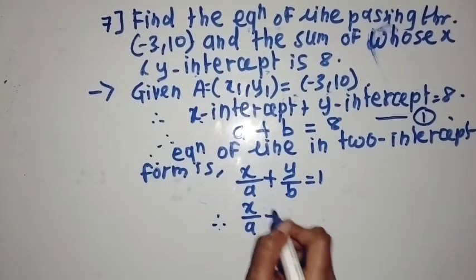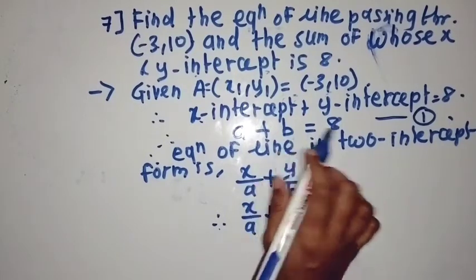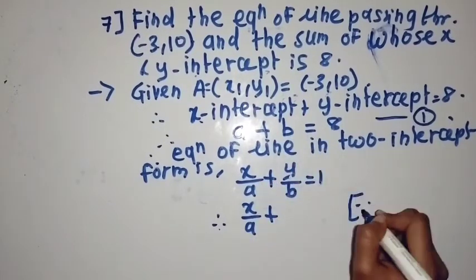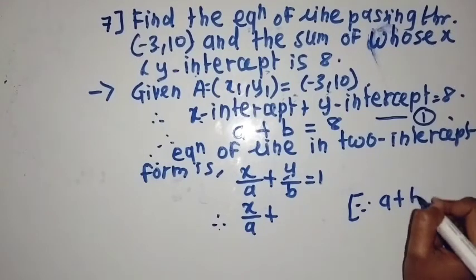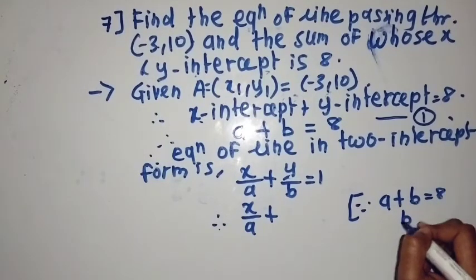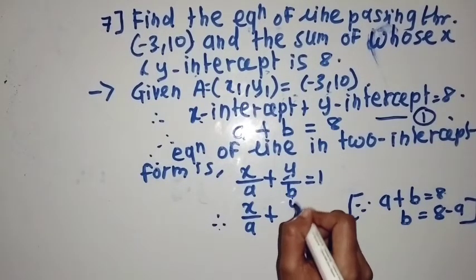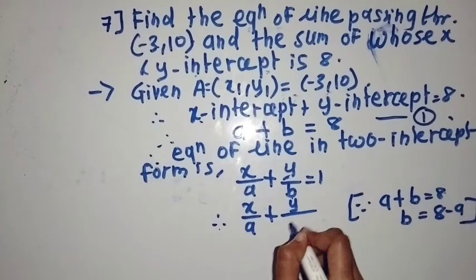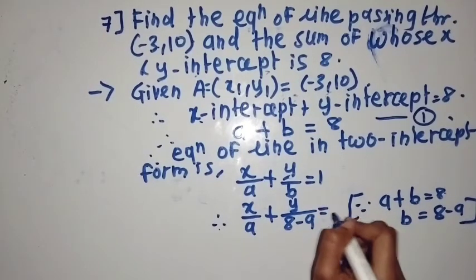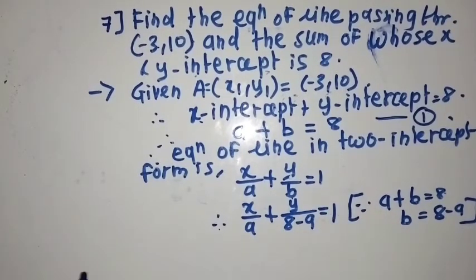But since a plus b is equal to 8, b is 8 minus a, and we put this in this equation. x upon a plus y upon 8 minus a is equal to 1.